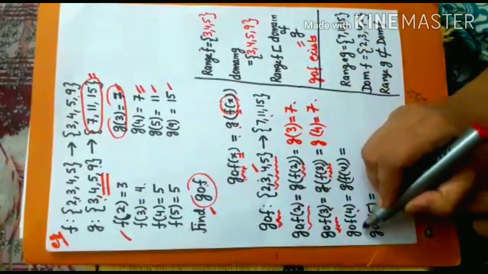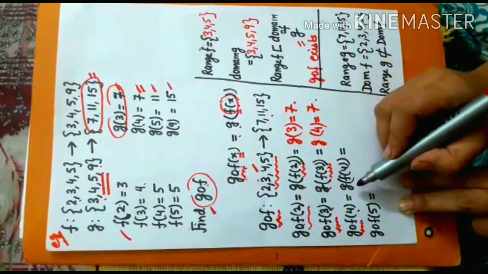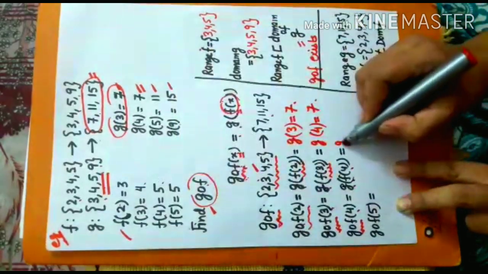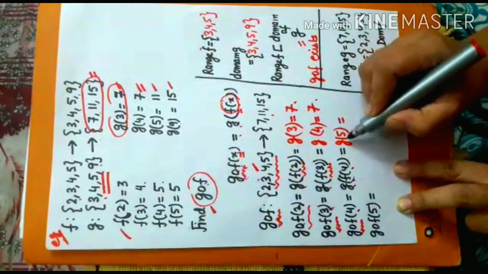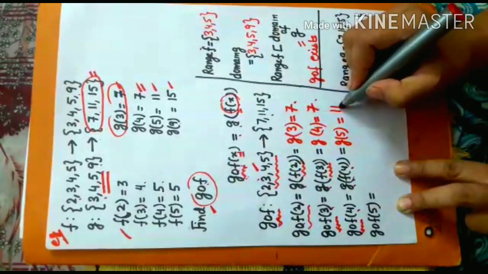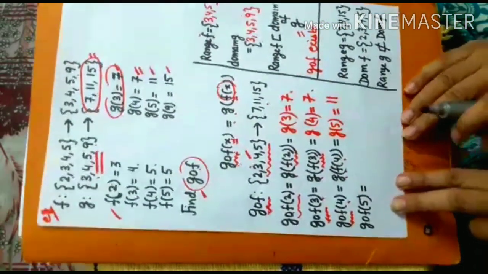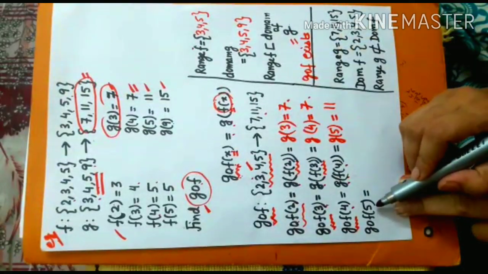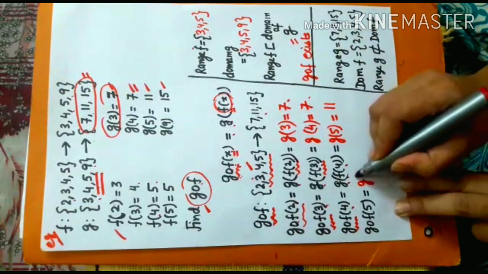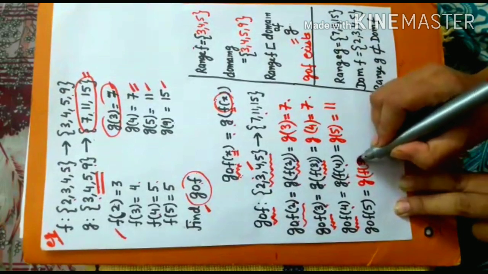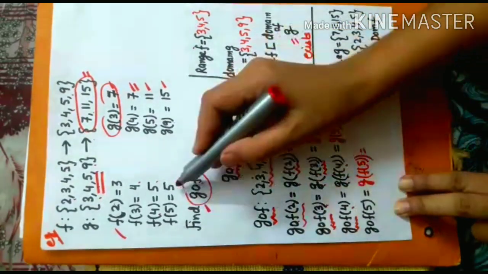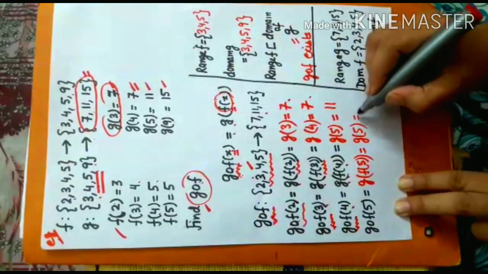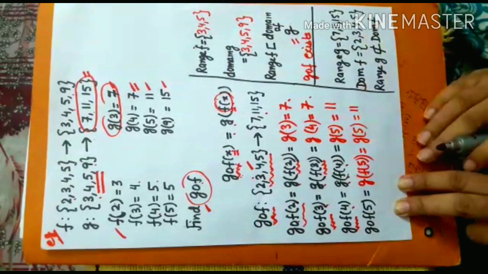So image of 4 under this function will be g of f(4). f(4) is 5 and g(5) is 11. Next element is 5. GOF(5) will be g of f(5). f(5) by definition is 5, and g(5) is again 11.